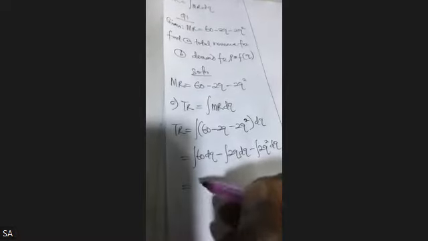Now let's integrate. This will be the integral of 60 dq minus the integral of 2Q dq minus the integral of 2q squared dq. So this gives us 60q.